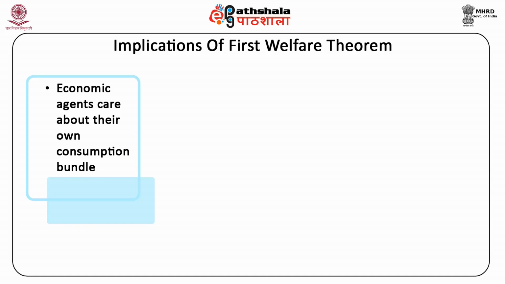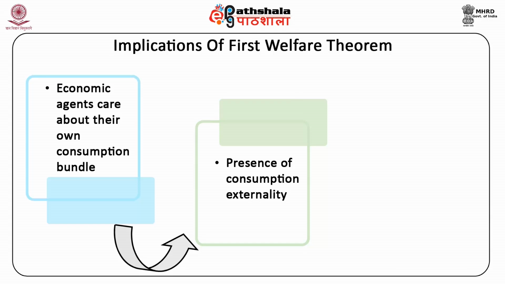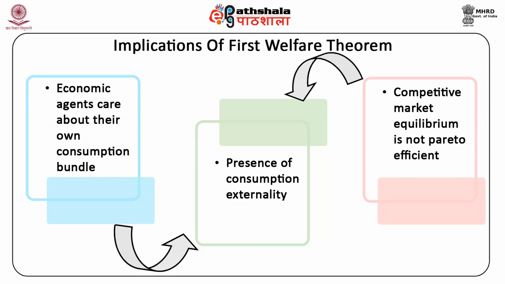However, if one economic agent cares about other economic agents' consumption bundle, then there is consumption externality, and it can be shown that in the presence of externalities, competitive market equilibrium is not Pareto efficient.